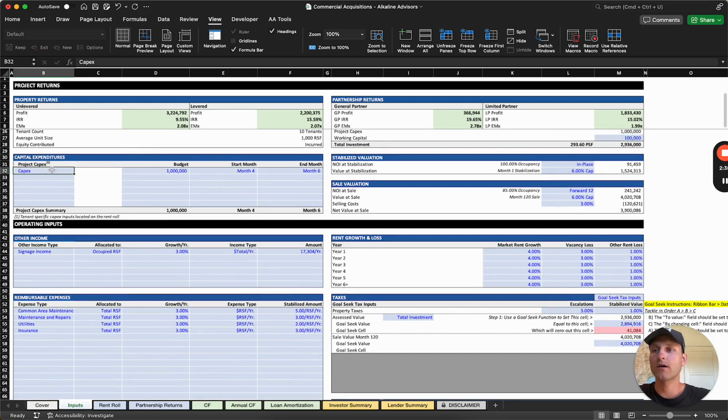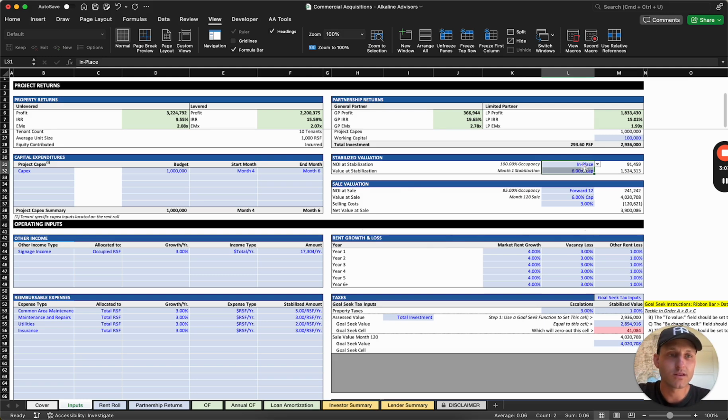This is where, let's say this is a value add project, you can add in some project level CapEx, whatever that is going to cost, and then the start month of when you're going to start incurring that cost, and then the end month. What we do in this model is we'll just straight line that cost from month X to month Y. Now we can customize anything, so if there are specific nuances you want us to outline in the model, just let us know, and we're happy to do so.